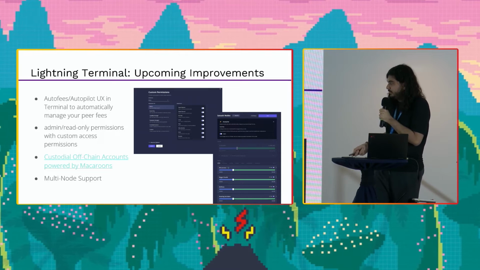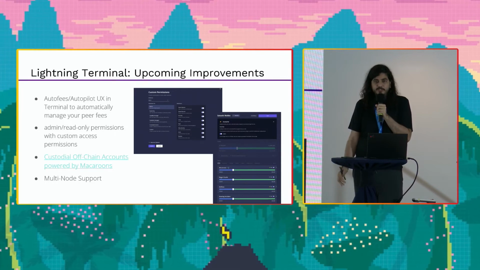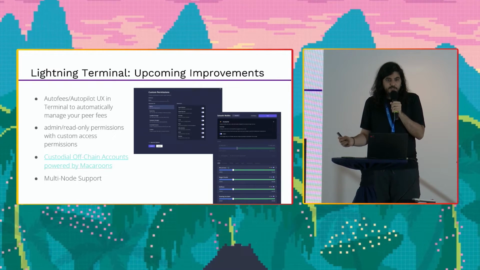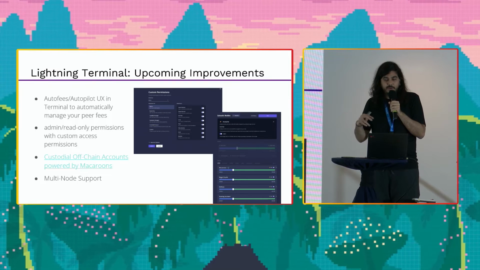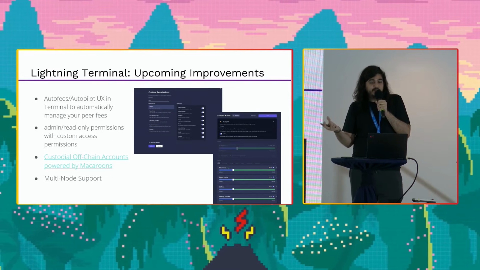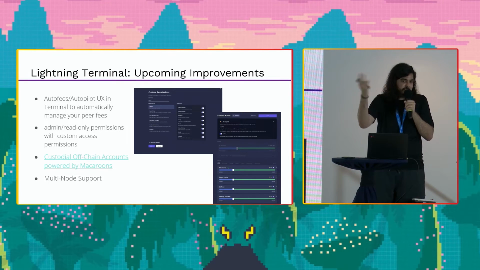We also have this permissioning, more custom and granular permissioning that you'll be able to create for the LNC sessions. So that will be not only useful for big companies that may have, I don't know, someone that is managing liquidity but shouldn't be able to send payments or shouldn't be able to close channels.